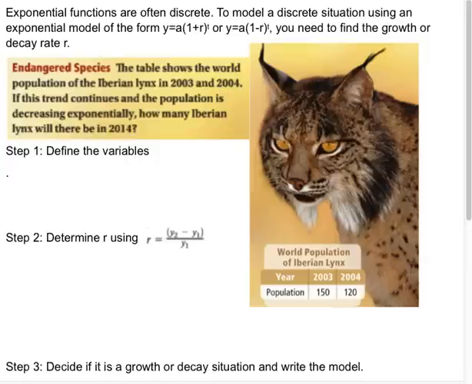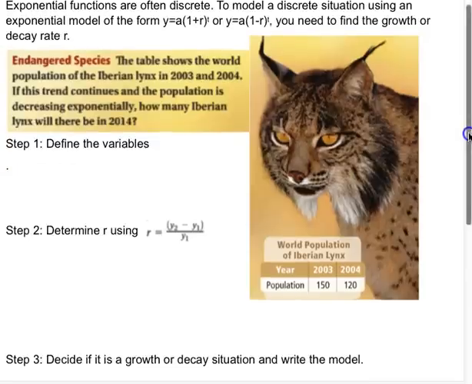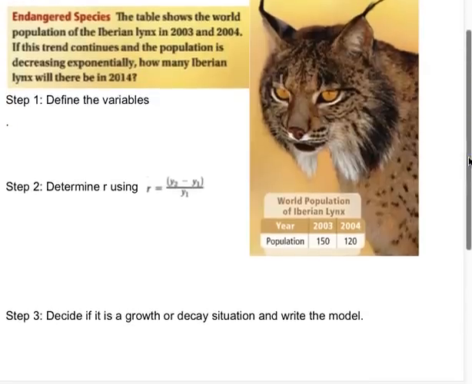The table shows the world population of the Iberian lynx in 2003 and 2004. If this trend continues and the population is decreasing exponentially, how many Iberian lynx will there be in 2014? So here, instead of them giving us the percent change, they give us two values, and they're asking us to find that percent.